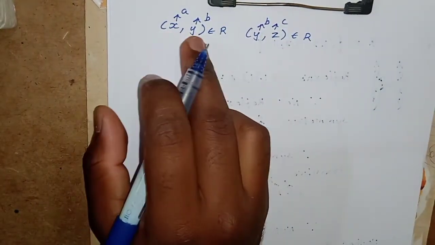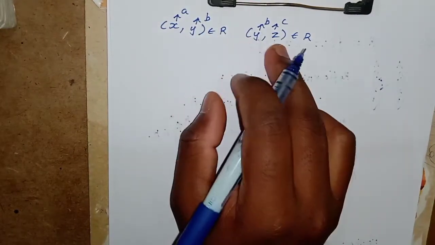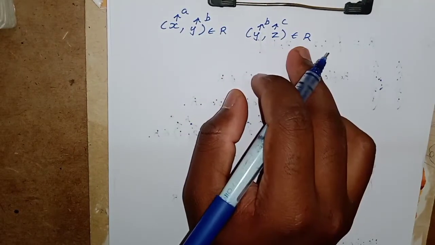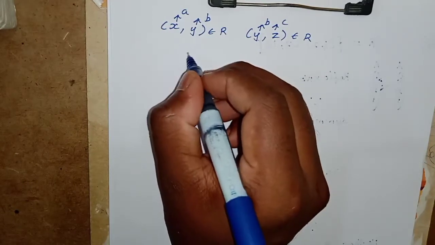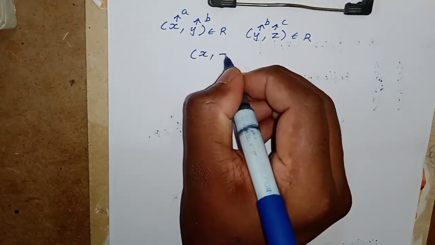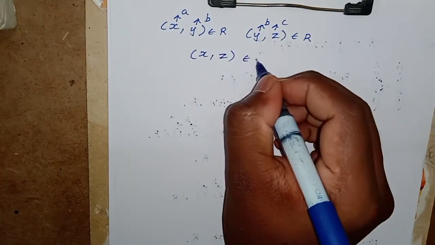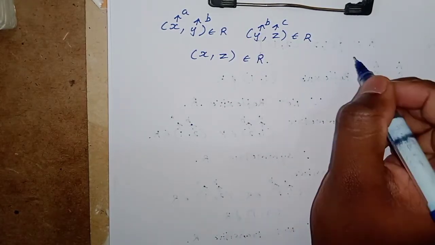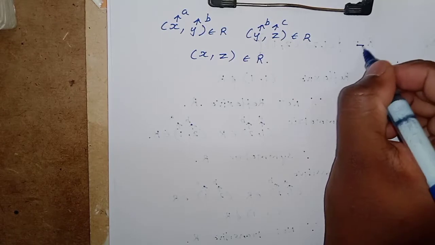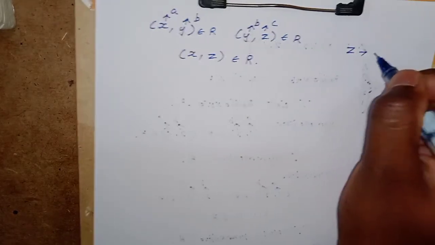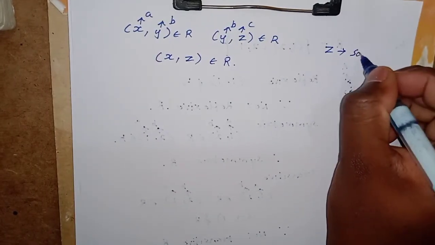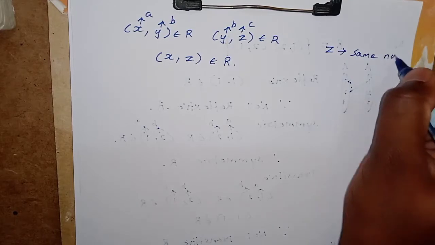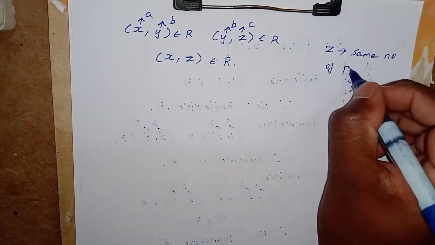Therefore (a, b), (b, c) belongs to R. Now (a, c), that is (x, z), belongs to R. Another book z, it also has the same number of pages.